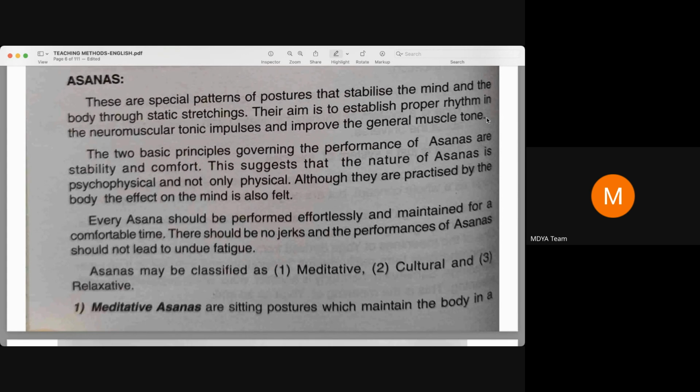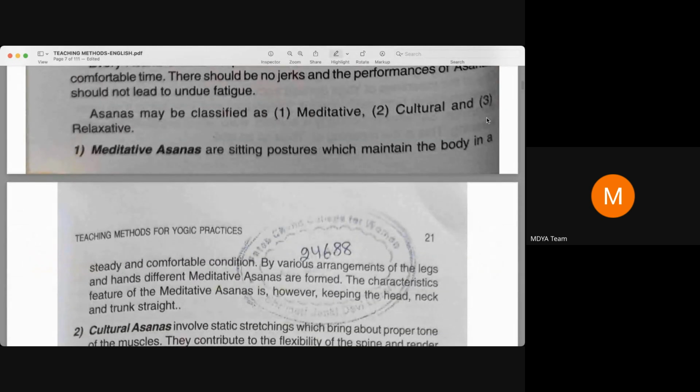But relaxative posture means each and every joint, each and every portion of your muscles, and even breathing should be very, very relaxed so that each point of your body gets relaxation. That is the main motto. Meditative asanas are generally sitting postures, because you have to maintain the body in a particular posture.